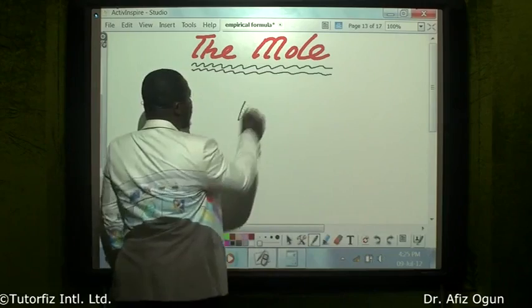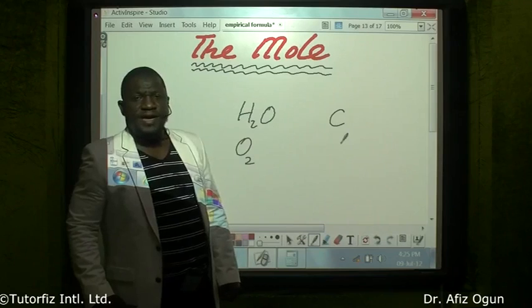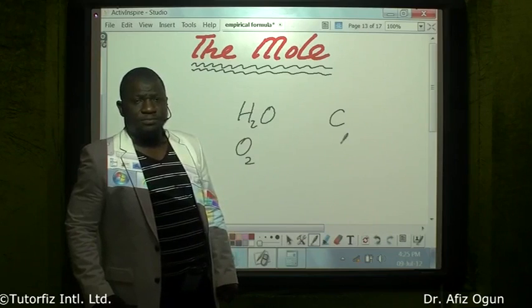If I trap a particular volume of oxygen gas, the unit there is O2 gas, that is one oxygen molecule. If I cut a particular mass of carbon or graphite, the unit there is carbon atom.